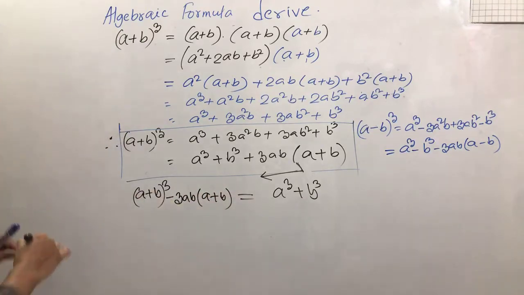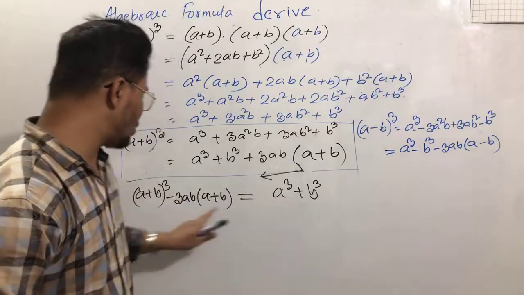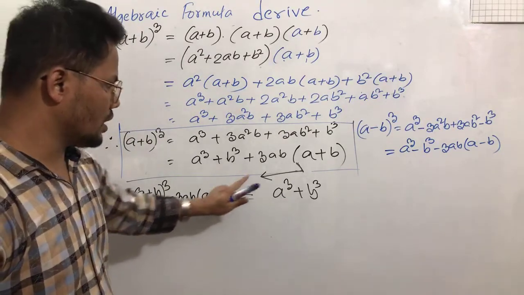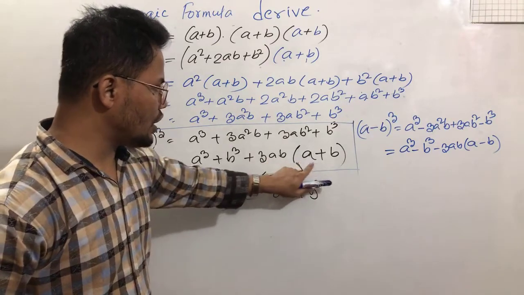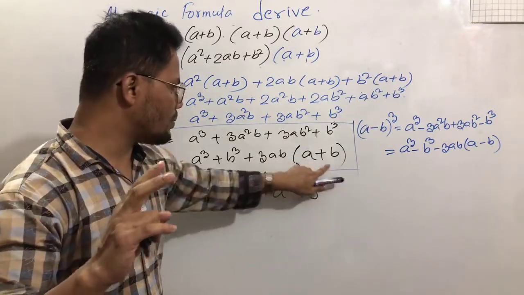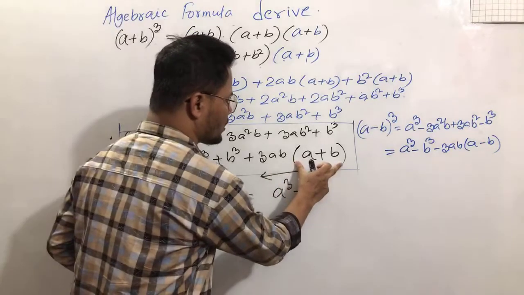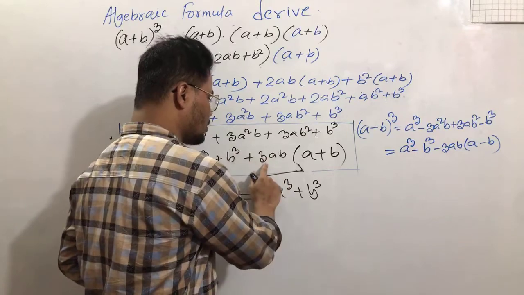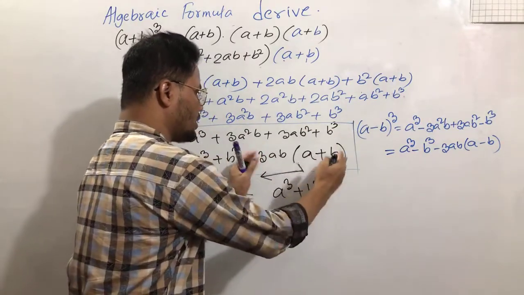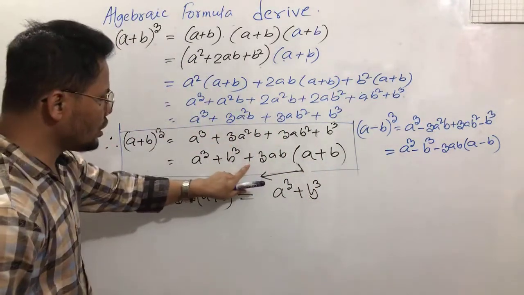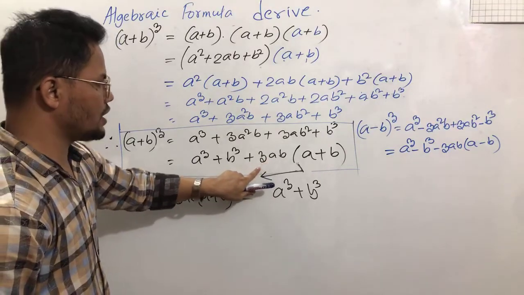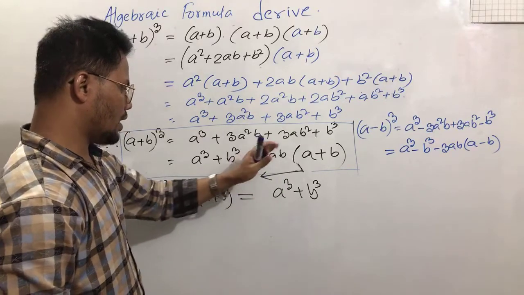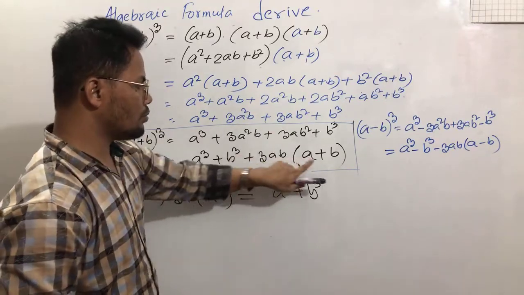So now we can say a³ + b³ is (a + b)³ − 3ab(a + b). The 3 times ab into (a + b), all are multiplication here. Each is a factor: (a + b) is one factor, b is another factor, a is another factor, 3 is another factor. So when we move it from right side to left side, we only change the sign outside the bracket, because there is more than one factor.